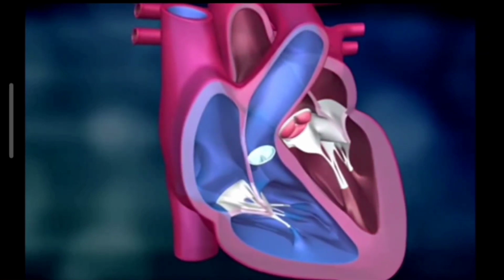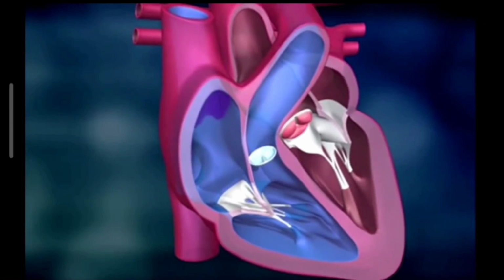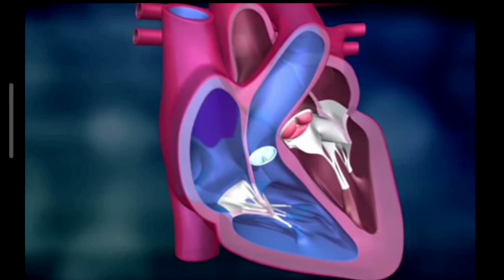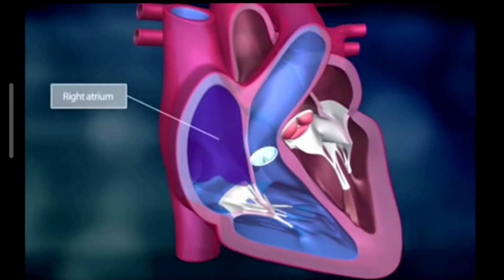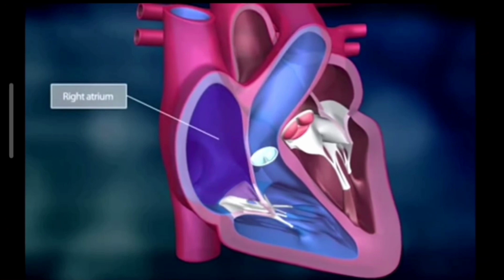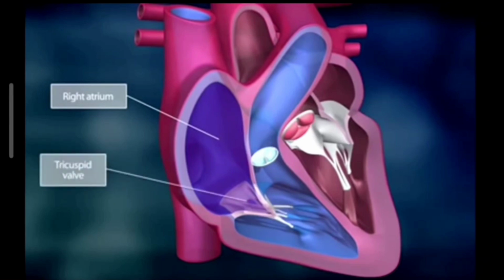So here is how the blood passes through. Okay, so the violet one is the example of the blood. Here, once the atrium is full, the tricuspid valve opens, allowing this blood to move down to the ventricles.